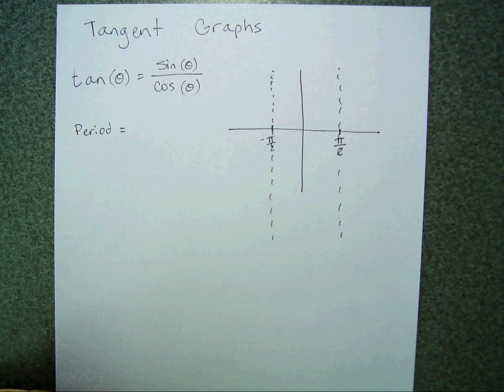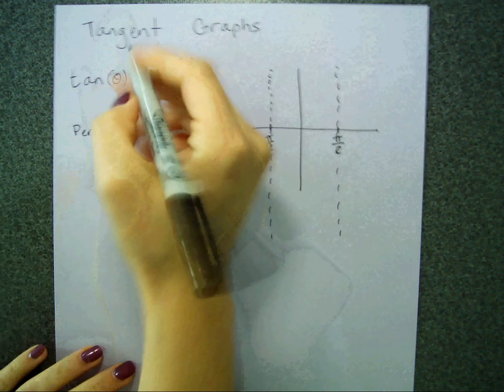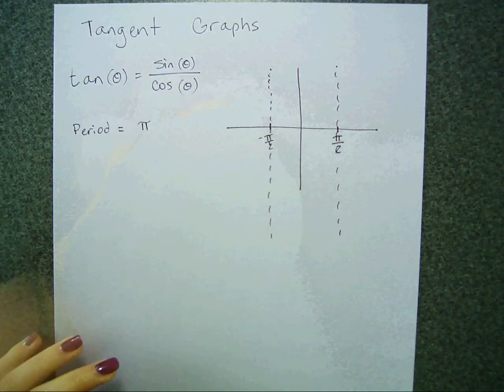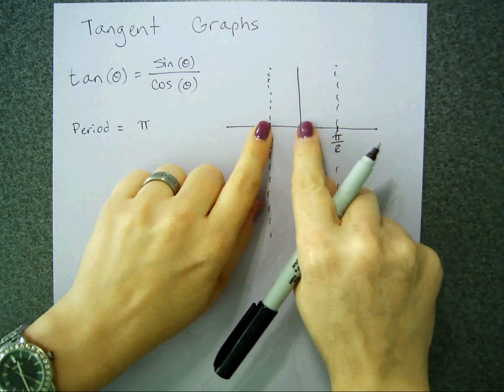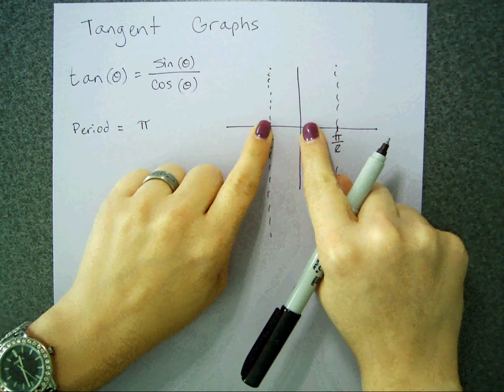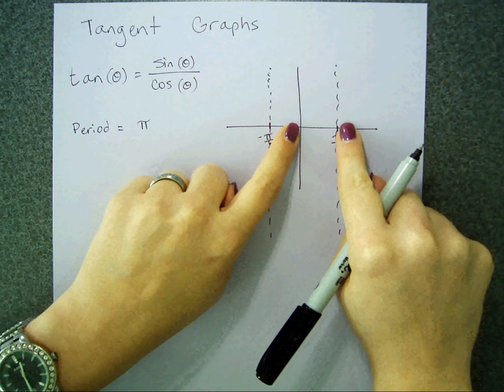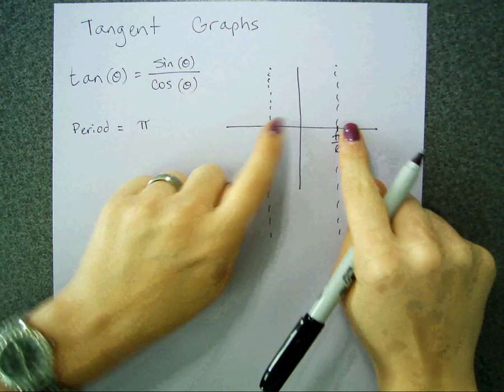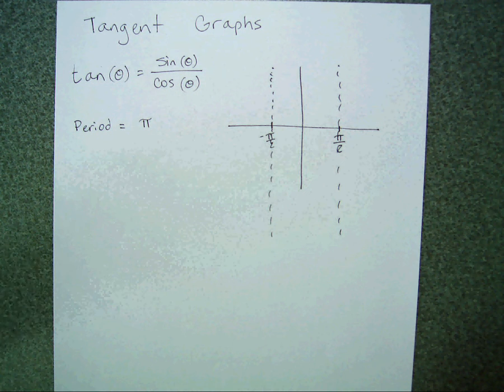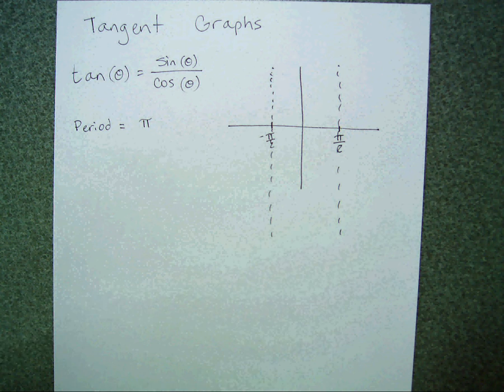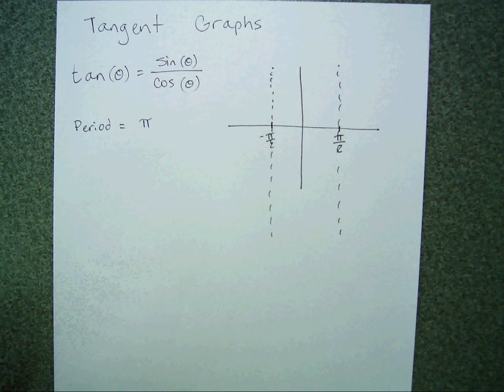That's exactly right. You laugh, but that's exactly how long it is, right? This distance is half a pi, and this distance is another half pi. So altogether, it's 2/2 pi, which is just pi. So graphing tangent has a period of pi.